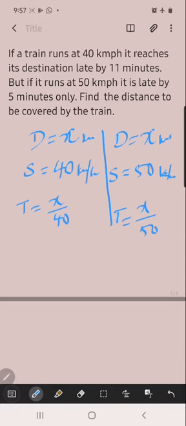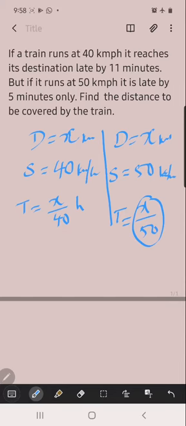That means if the train maintains 40 kilometers per hour, the time taken is x by 40, and if the train goes at 50 kilometers per hour, then the time is x by 50. Okay, we got the times in both cases.